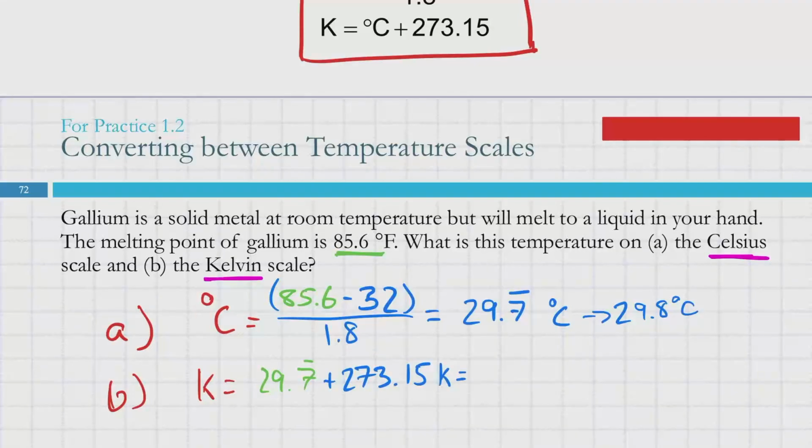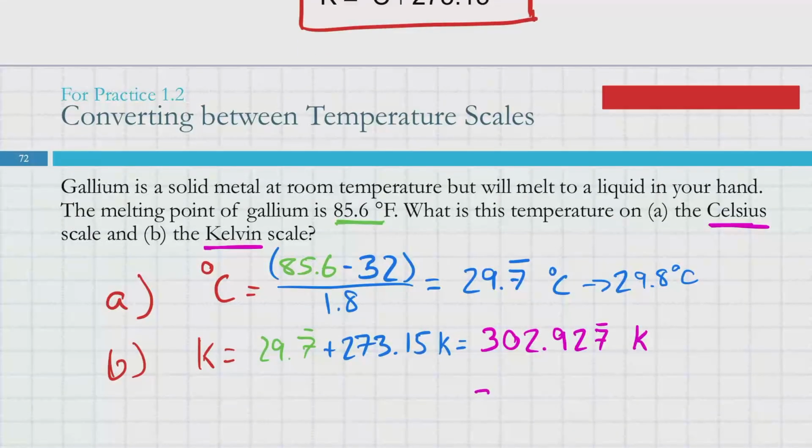And we should get out 302.92, and then that 7 repeating shows up again with units of Kelvin. We'd probably also round this to 302.9 Kelvin. So we've got 1 decimal place. Questions?